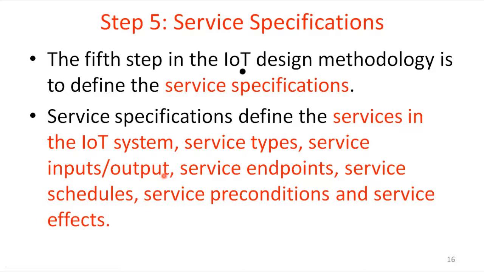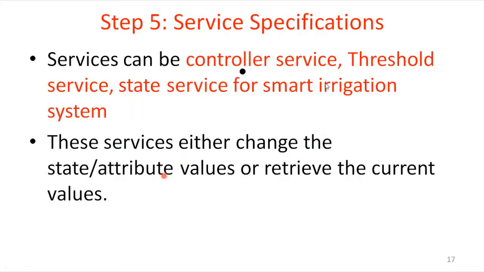The service can be a control service, threshold service, state service, mode service, different services. Control services either change the attribute value or state, or retrieve the current value. That's called the service specification, a simple representation.